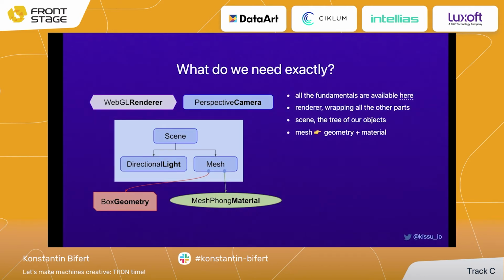Then we have the mesh. This will guide us towards the position and the orientation of each object, cube or whatever we have. Then we have the geometry. This will indicate if it's a sphere, a cube, a taco, a dog, a building of a conference or anything. Then we have a material, the surface properties. For example, is it shiny?